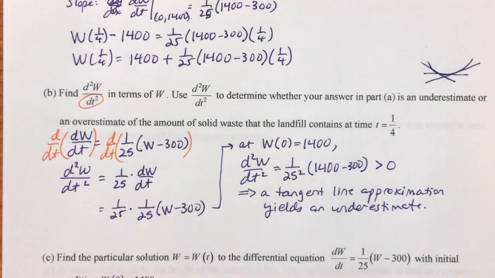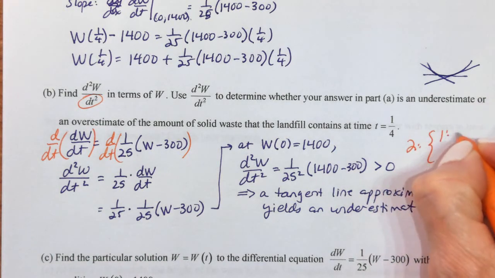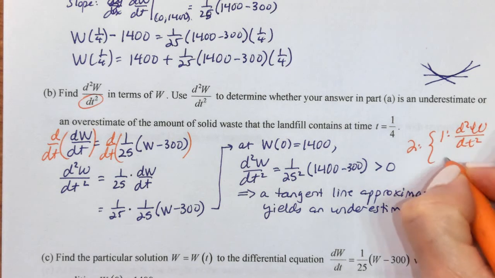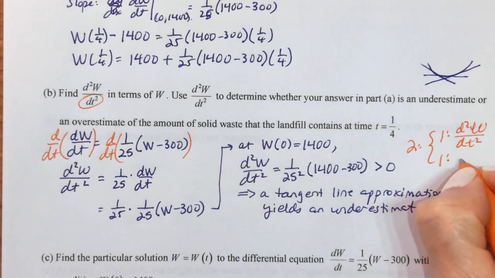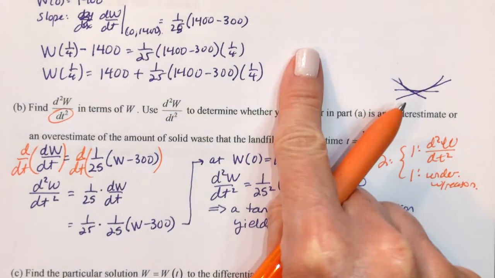Okay? This was worth 2 points. 1 point for the second derivative. 1 point for an underestimate with reason. Okay, I forgot to give you guys the points up here.